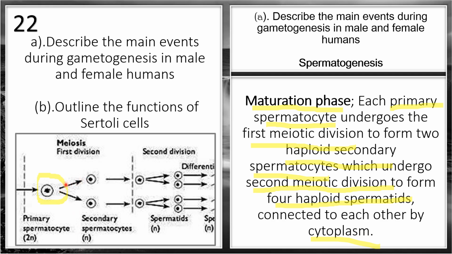It undergoes first meiotic division, and it gives us two haploid secondary spermatocytes. Now, each of these secondary spermatocytes will undergo the second meiotic division. And when they undergo second meiotic division, we end up producing four haploid spermatids, which are connected together by the cytoplasm.